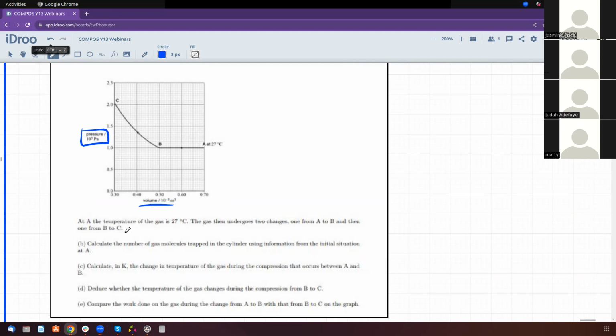At A, the temperature of the gas is 27 degrees Celsius.